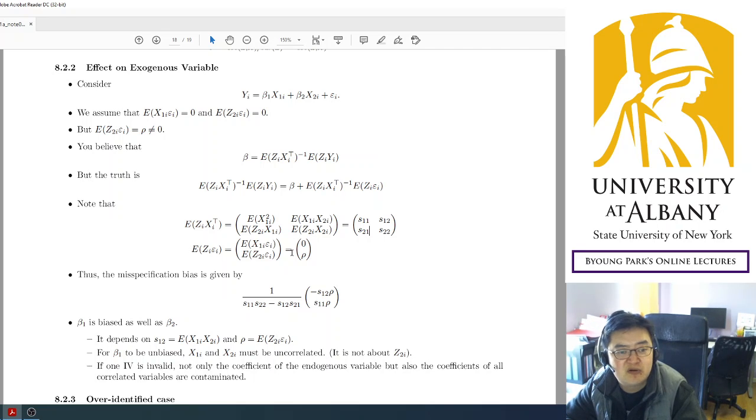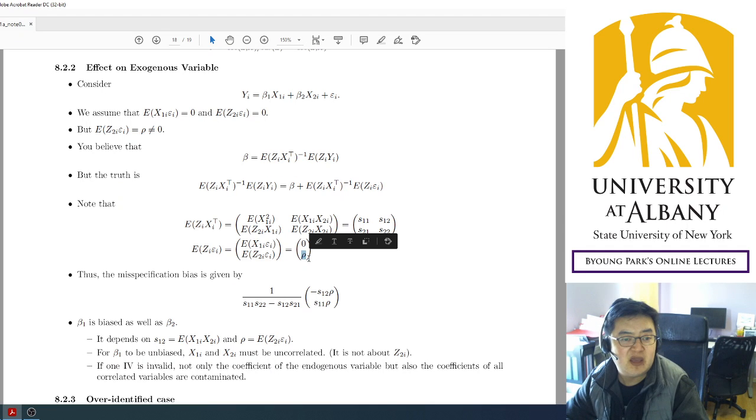And Z epsilon, the first element of Z is x1, which is doing well, but the second guy causes the problem. And do the math. I skipped one step online, and if you take the inverse matrix of this guy and multiply this guy, you will get the misspecification bias in this form.